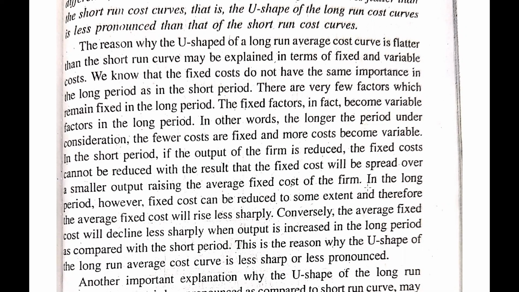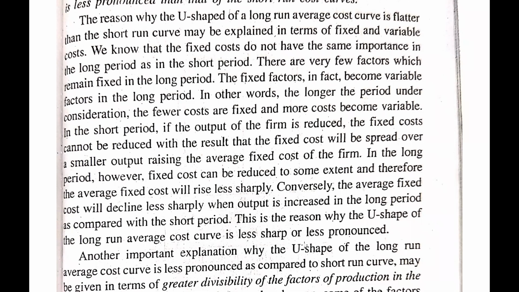In the long period, however, fixed cost can be reduced to some extent and therefore the average fixed cost will rise less sharply. Conversely, the average fixed cost will decline less sharply when output is increased in the long period as compared with the short period. This is the reason why the U shape of the long run average cost curve is less sharp or less pronounced.